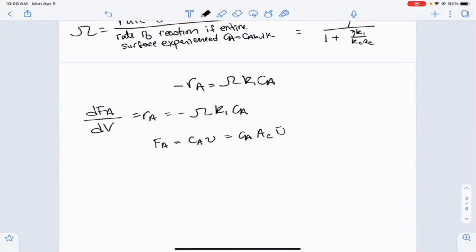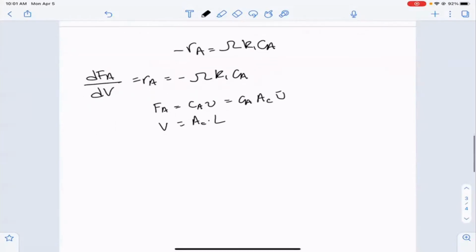And of course, the volume is just the cross-sectional area times the length. And we derived an expression that showed this becomes dCA dL, or dCA times U, the velocity.